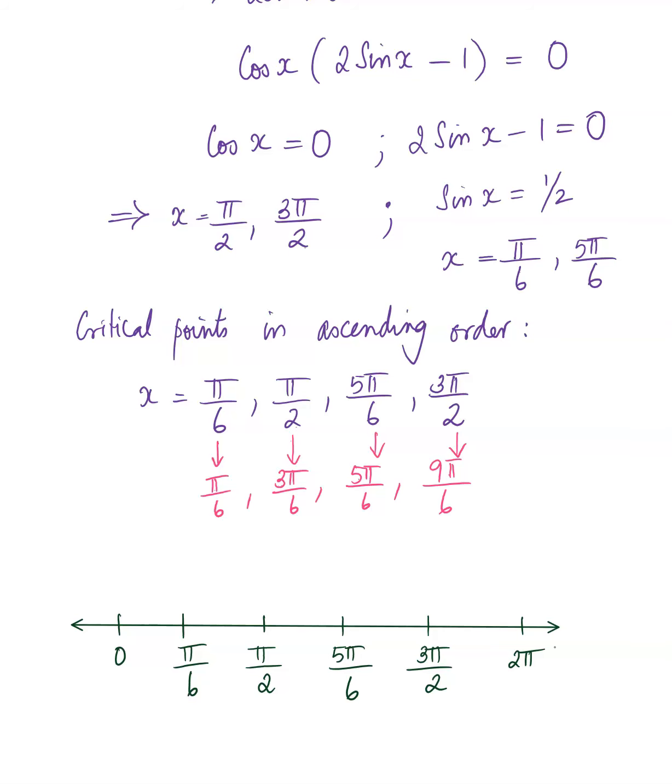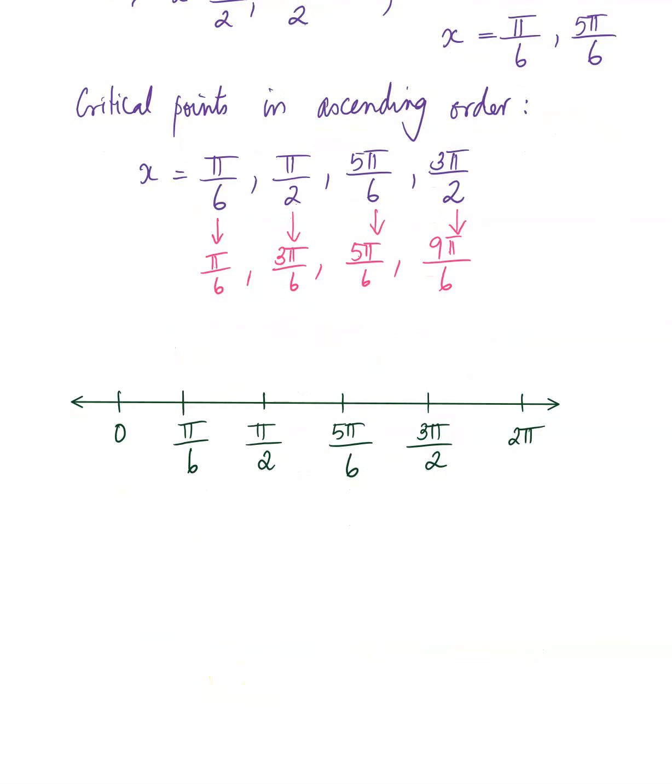So we have regions now created because of these many critical points here. So let me squeeze in the intervals. Zero to pi over 6.